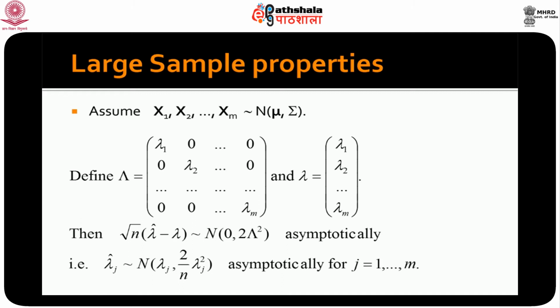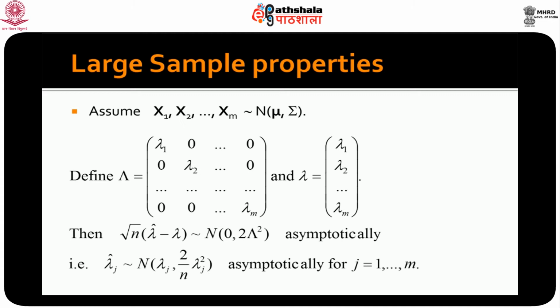So what does this mean? It means that if we have a very large sample, then the sample eigenvalues tend to the normal distribution and it has population eigenvalues as its mean, and the variance turns out to be 2 by n Lambda square, which is capital Lambda square.